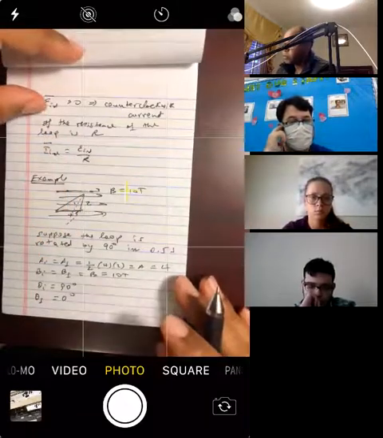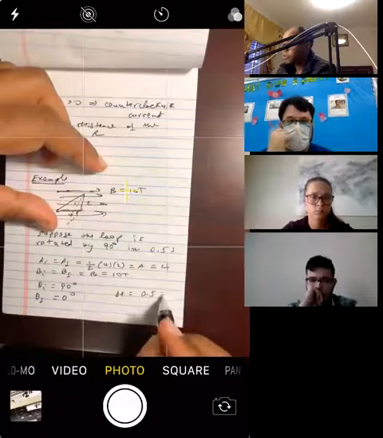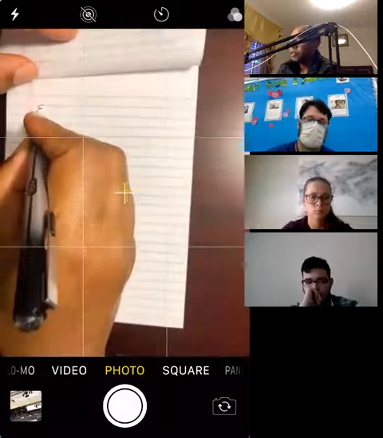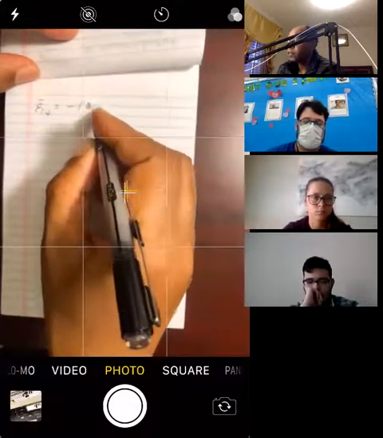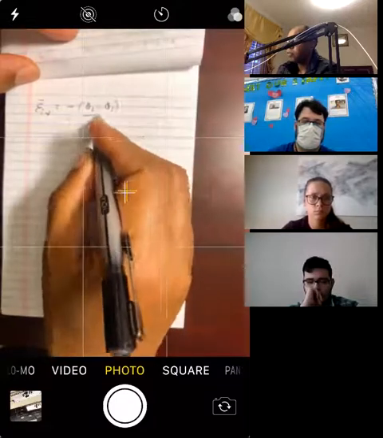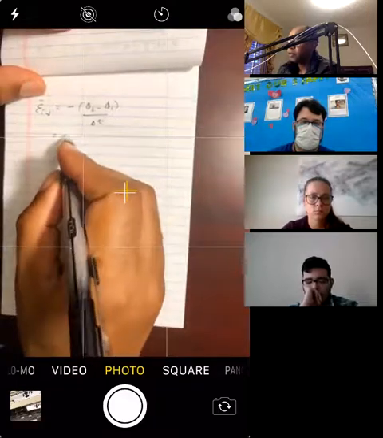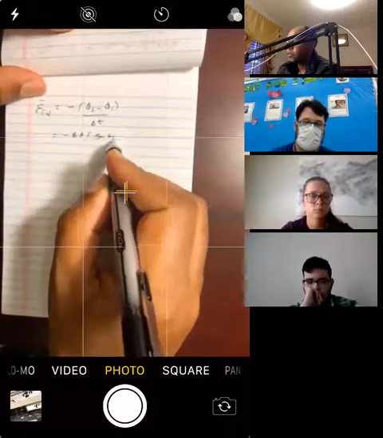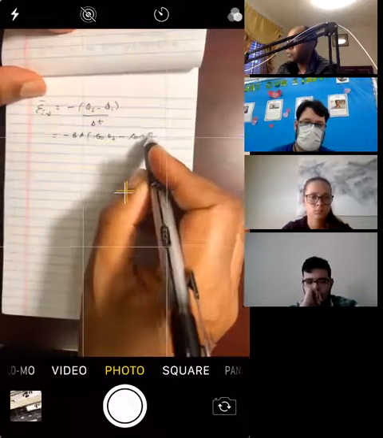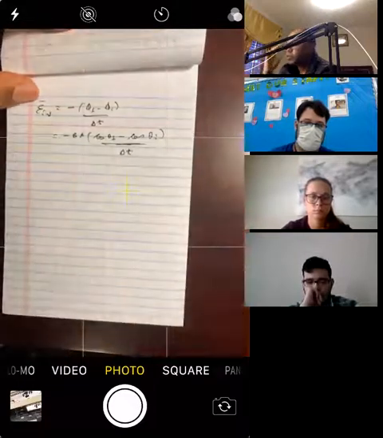So now we can do the calculation, and delta T we're told is 0.5 seconds. So the average induced voltage is negative final flux minus initial flux divided by delta T. In this case, the field and the area are constant. We can factor them out. And then you've got cosine of theta final minus cosine of theta initial divided by delta T. Okay, so this is our formula.